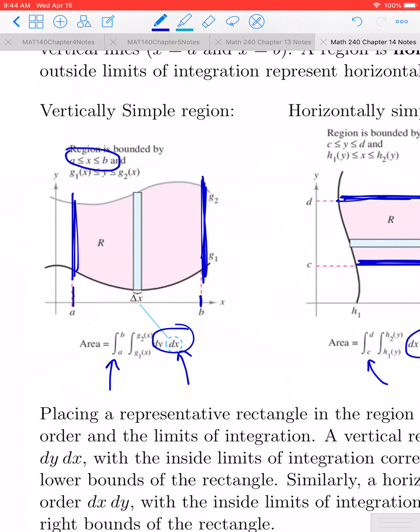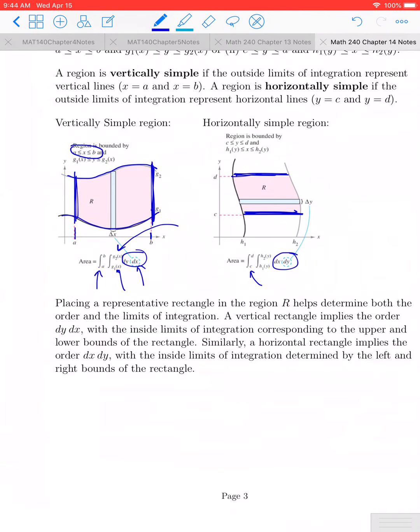So here, the function that's bounded above, g2, is going to be the upper bound of the integration, and then the lower bound for the region would be g1. So that would go for the lower limit of integration. Similarly, if it's a horizontal rectangle, then the order of integration is going to be dx dy.